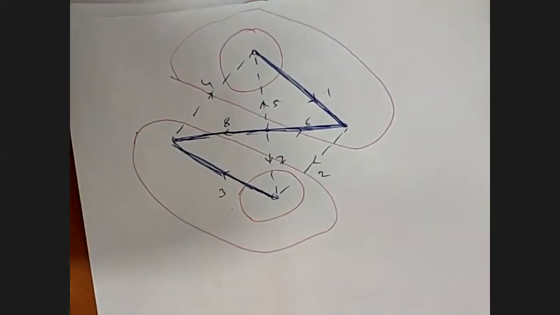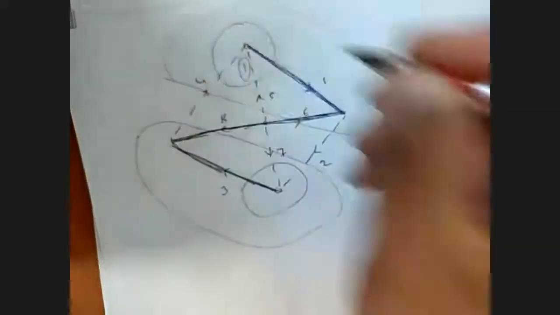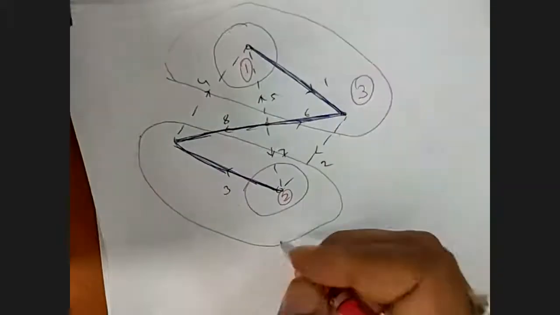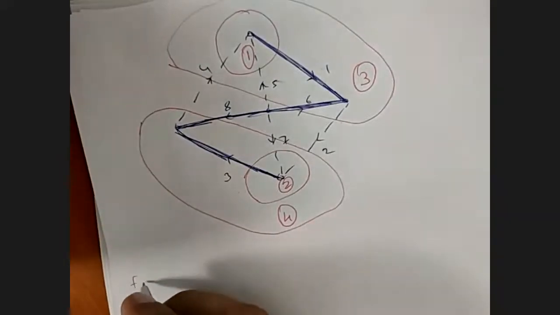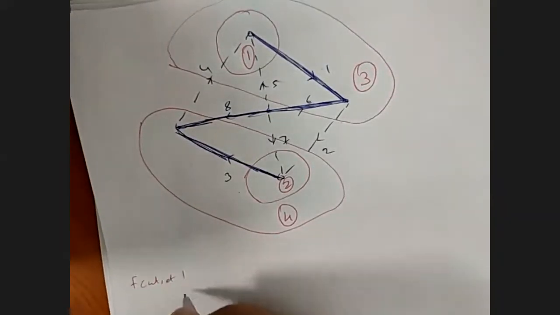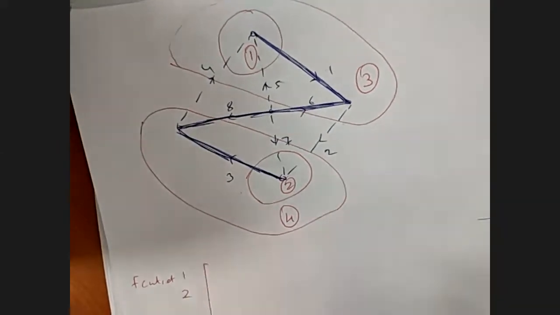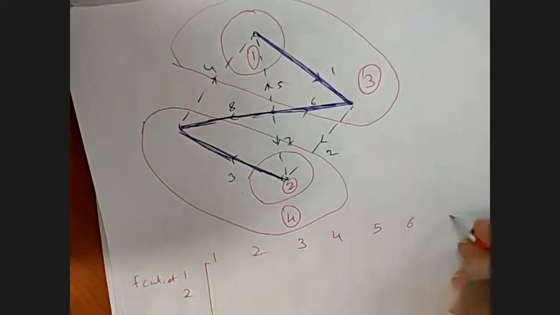These are your tree branches. This will be your F cut set 1, this will be your 2, this will be your 3, and this will be your 4. So it will be also F cut set 1, 2, 3, 4. And you have to draw branches 1, 2, 3, 4, 5, 6, 7, 8.